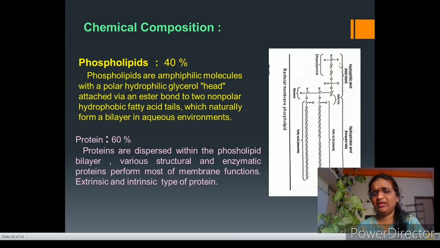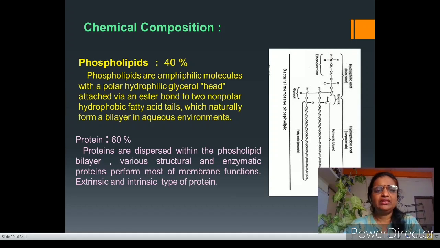It may be ethanolamine, serine, or choline, like that. So that is the head structure, and this one is the tail structure. These fatty acid chains are attached by ester linkage to the first and second carbon atoms of the glycerol. So that is the nature of the phospholipid present in the cell membrane.